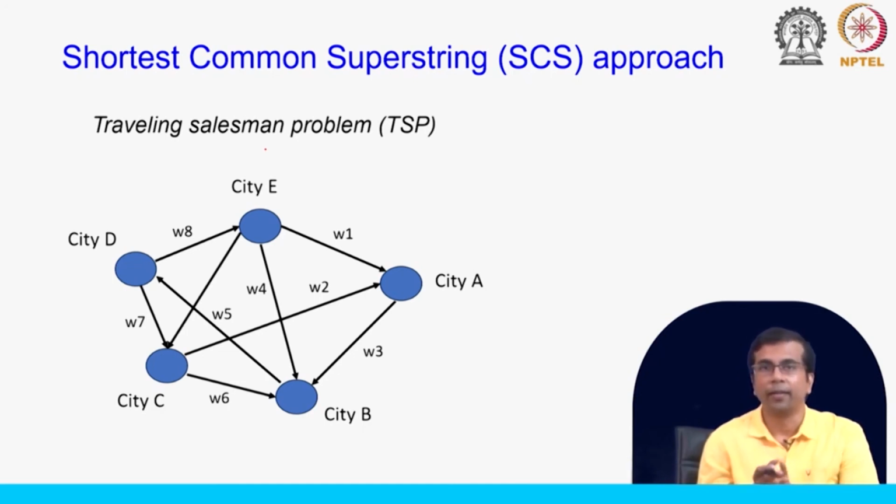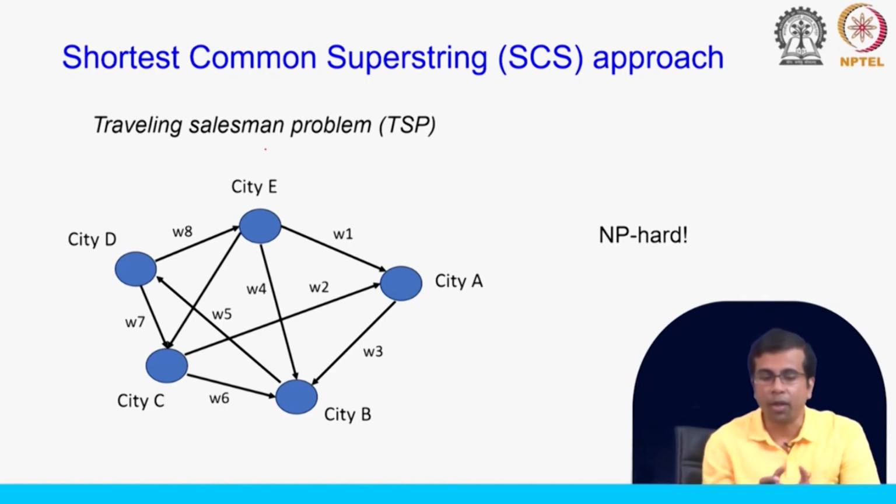Okay, and this problem is known to be something called NP hard. Without going into a lot of details about what is NP complete or NP hard, it will be simple to say that this will take a long time as we start adding more nodes to the graph.